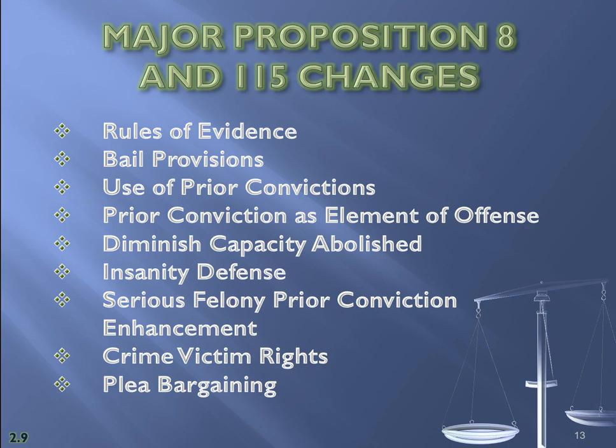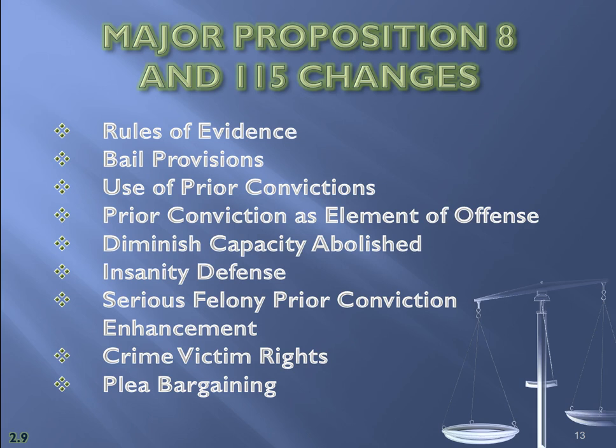In your textbook, you can look in section 2.9 on page 24. It talks in a little more detail about each one of these. Then we'll look at Prop 47 and what have you. As we go down here, there are rules of evidence, bail provisions, use of prior convictions, prior conviction as an element of the offense, diminished capacity, and insanity.